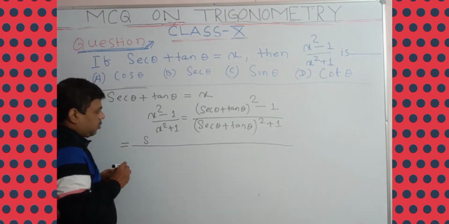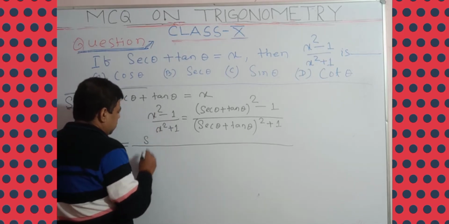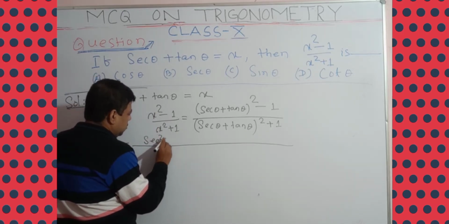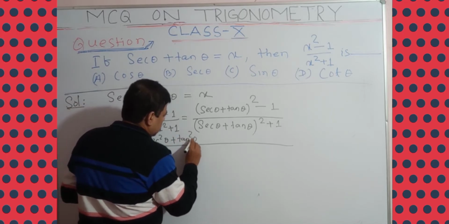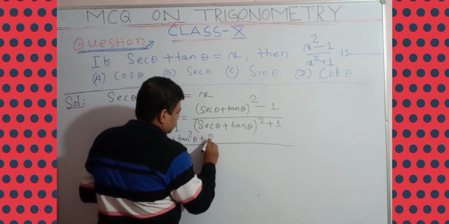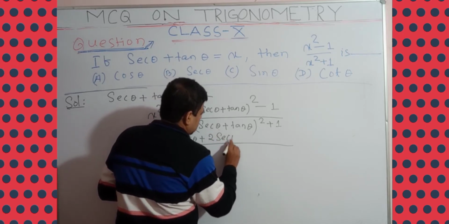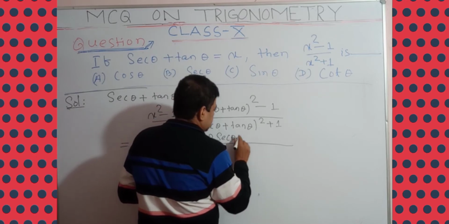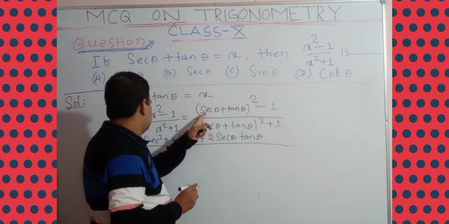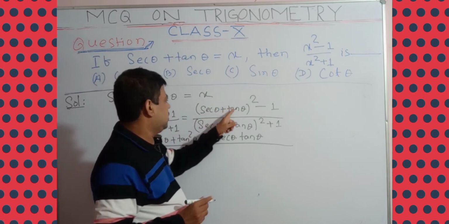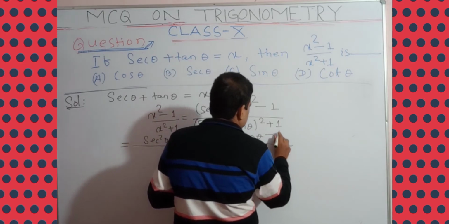According to this formula, it will be sec square theta plus tan square theta plus 2 sec theta into tan theta. Yes or no? So in this place sec square theta plus tan square theta plus 2 sec theta into tan theta, and minus 1.